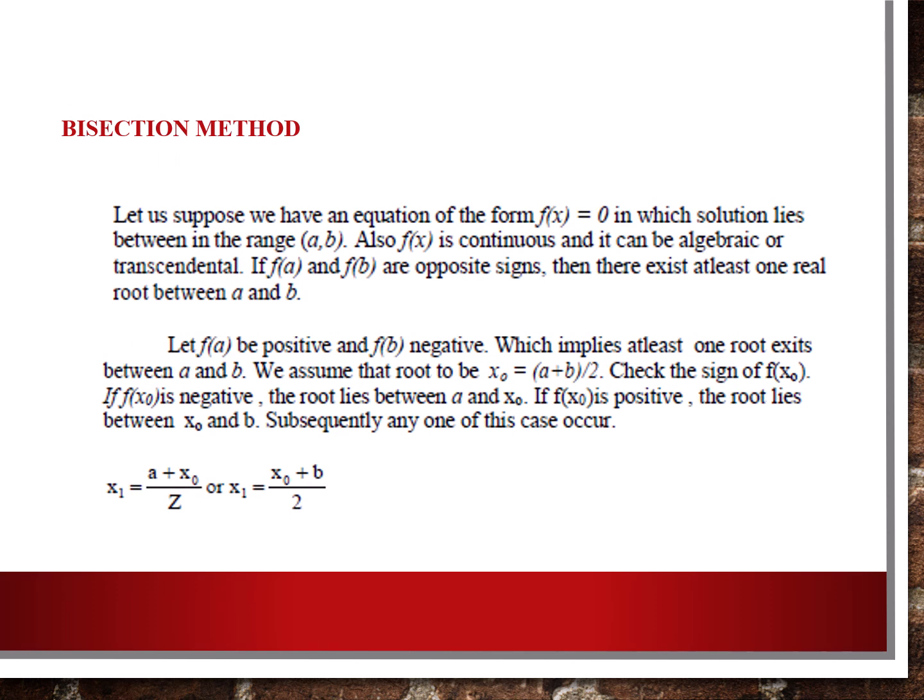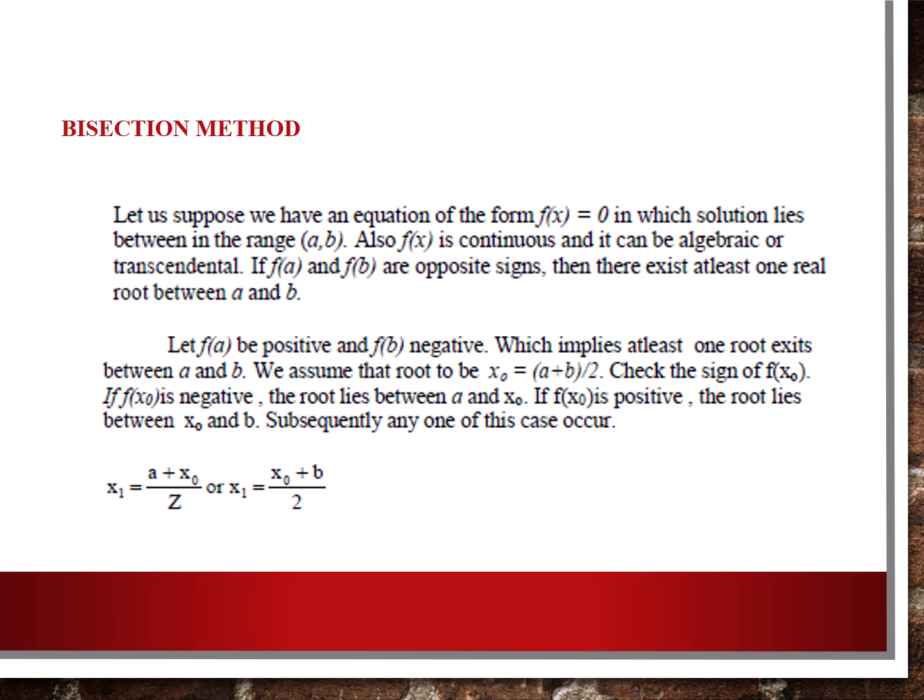Next, bisection method. Let us suppose we have the equation of the form f of x equal to 0, in which the solution lies in the range a comma b. Also, f of x is continuous and it can be algebraic or transcendental.